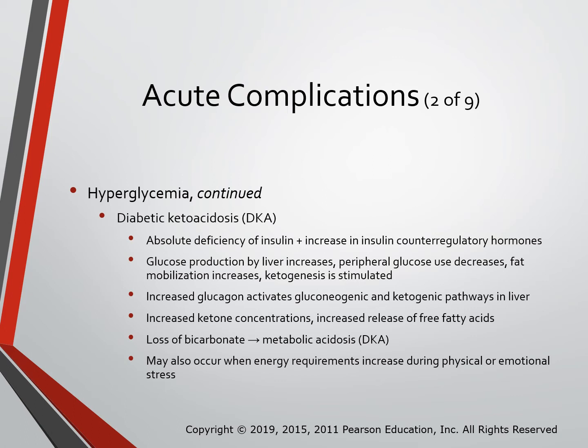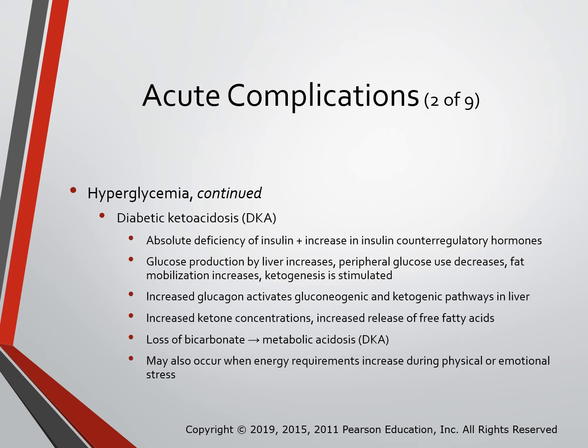Diabetic ketoacidosis, or DKA, develops when there is an absolute deficiency of insulin and an increase in the insulin counter-regulatory hormones. Glucose production by the liver increases, peripheral glucose use decreases, fat mobilization increases, and ketogenesis, or ketone formation, is stimulated.